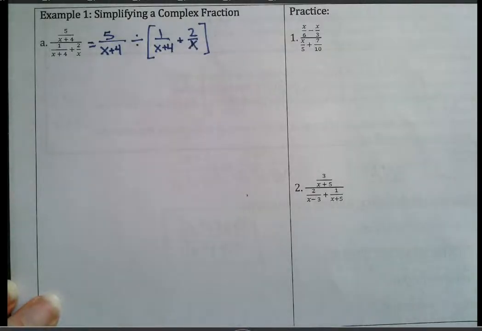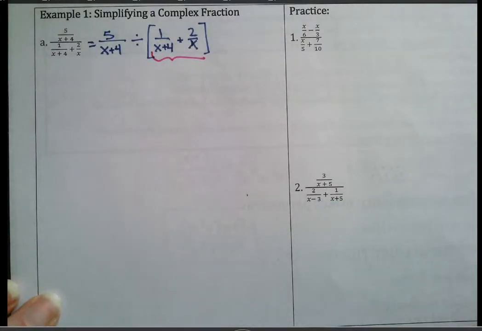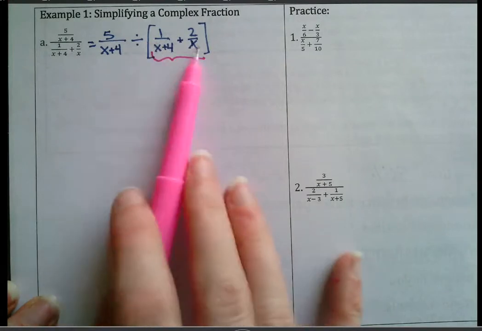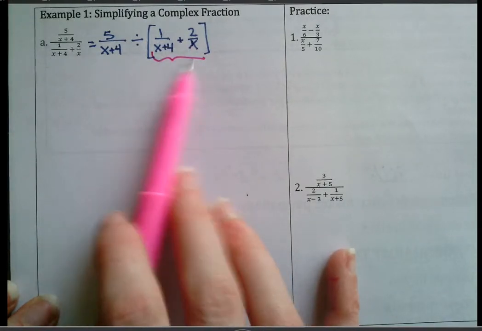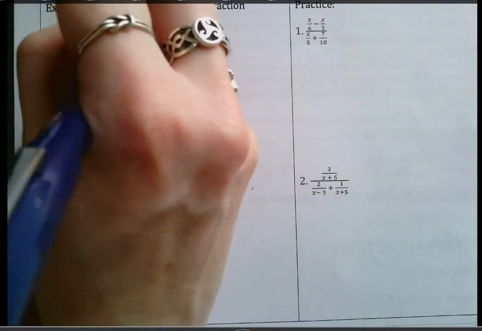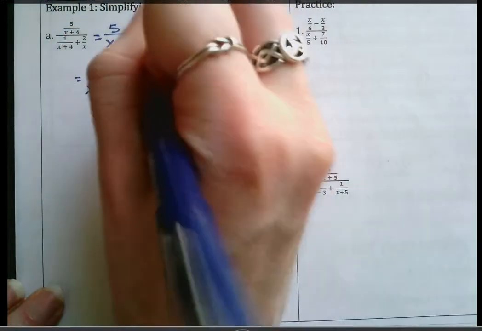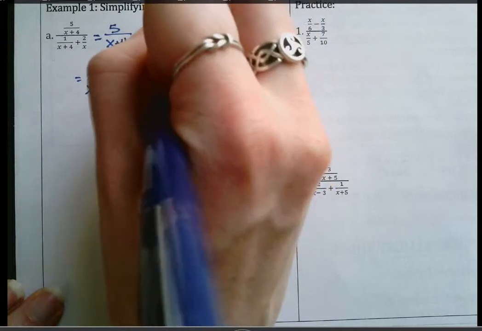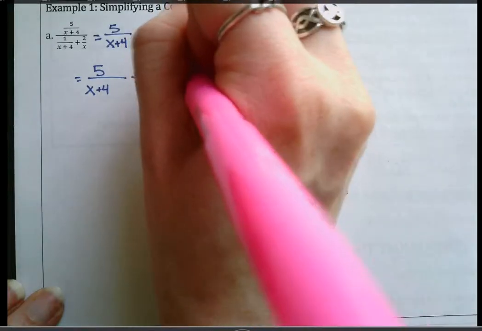Now I need to go through and add these together. So if I'm adding these together, I still need to ask, what do these have in common? Well, there's nothing in common, so what I need to do is just straight up multiply by the opposite denominator. So I'll still have the 5 over x plus 4 divided by, but now my 1 over x plus 4, I'm going to multiply by an x over x.